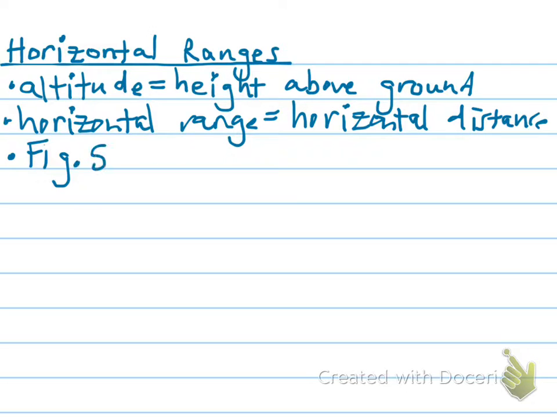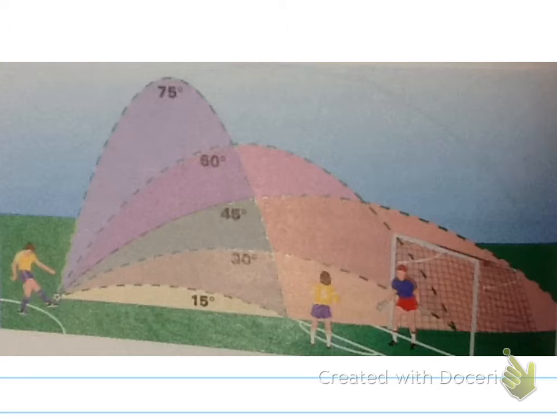Figure 5.14 is an interesting figure. It could be one of the last ones we're going to look at. Figure 5.14 says the paths of projectiles launched at the same speed but at different angles. The paths neglect air resistance.